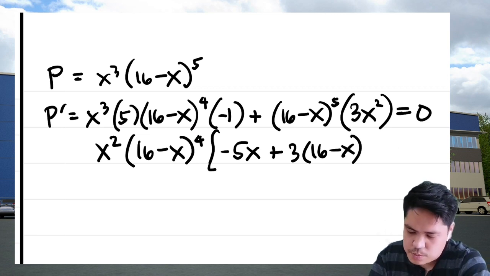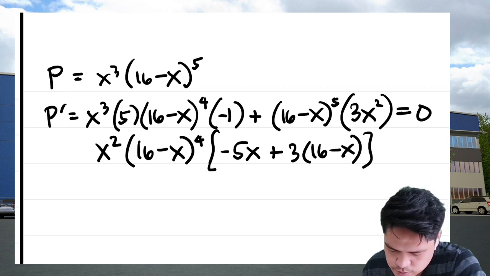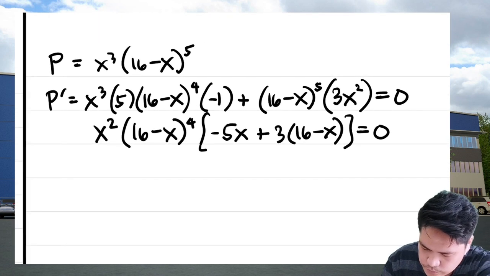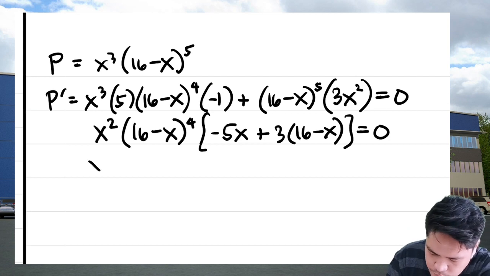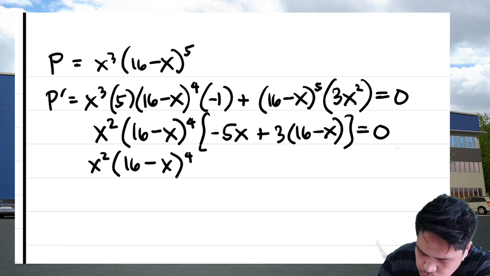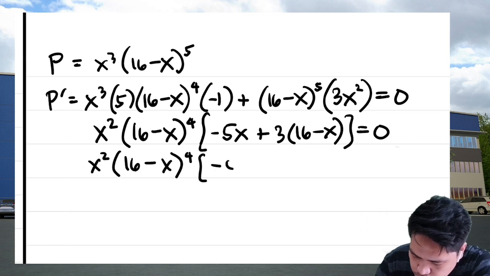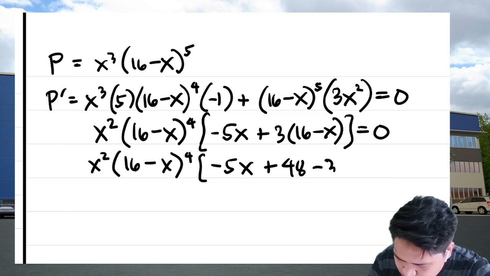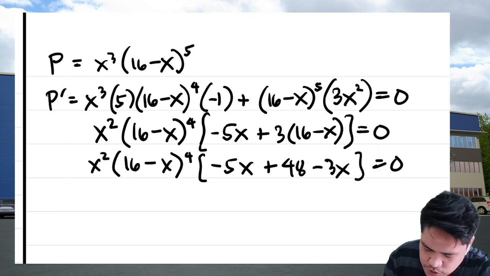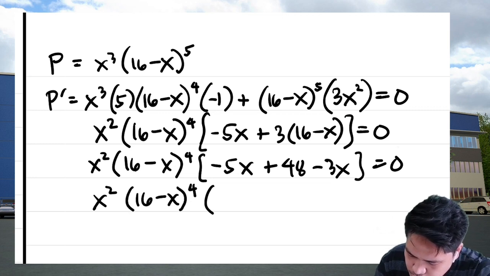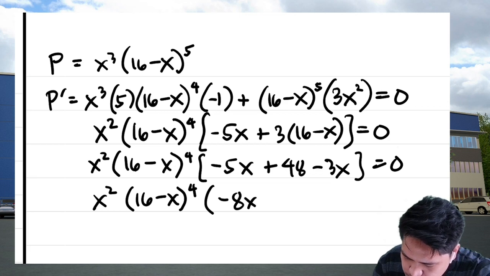Equate that to 0. In factored form, we have x squared times 16 minus x raised to 4, times negative 5x plus 48 minus 3x, which is equal to 0. So we'll have x squared times 16 minus x raised to 4 times negative 8x plus 48 equal to 0.